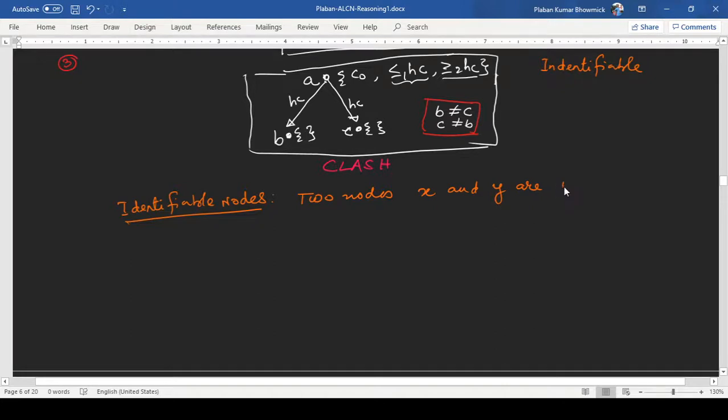They are identifiable given a tableau state, so it should be defined based on a tableau state, of course.